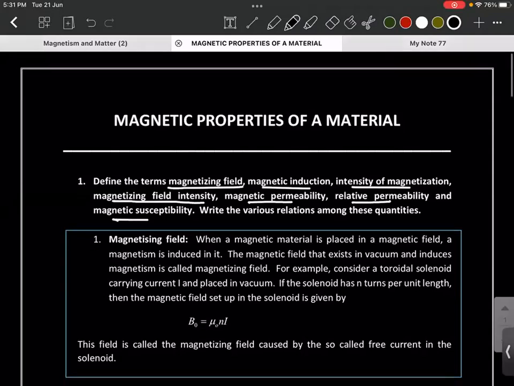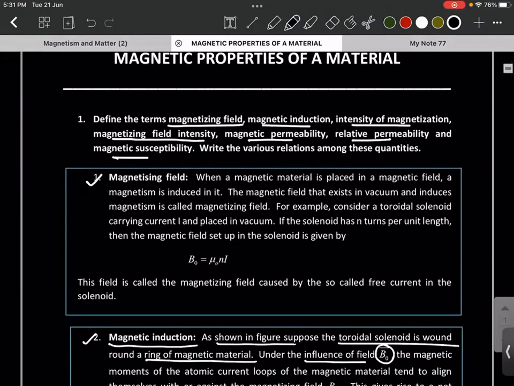So as I told you, concentrate, guys. First, we are going to discuss what a magnetizing field is. In yesterday's class, I told you one important point: let's say this is a steel bar, and you have a magnet. This green color bottle is a magnet, for example.